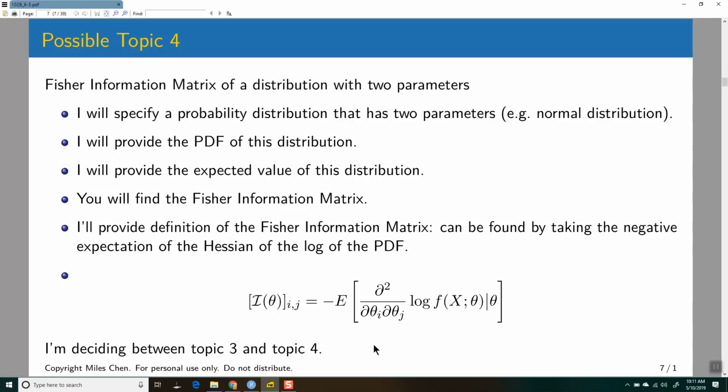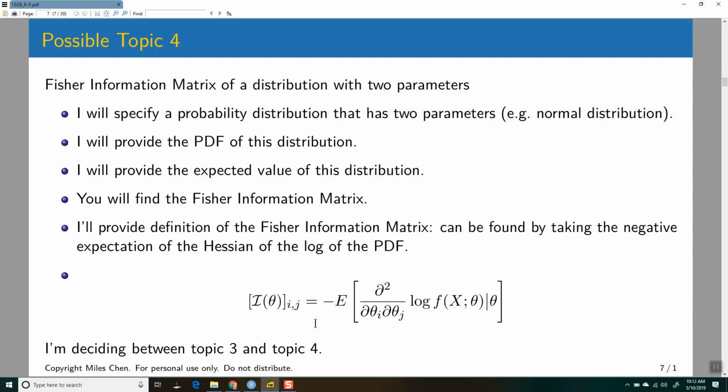So if you've got parameter A and parameter B, your top left will be the second partial derivative with respect to A and A, and then your lower right will be the second partial derivative with respect to B and B, and then the ones on the off diagonal would be the partial derivative with respect to A, then B, and then B, and then A, second partials of this.